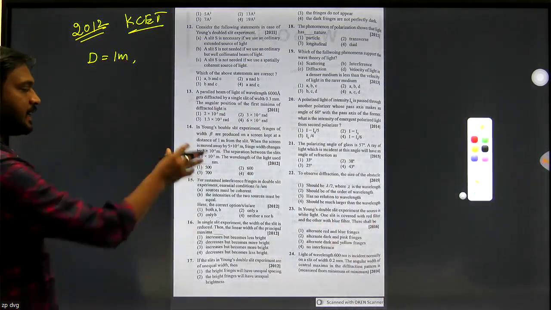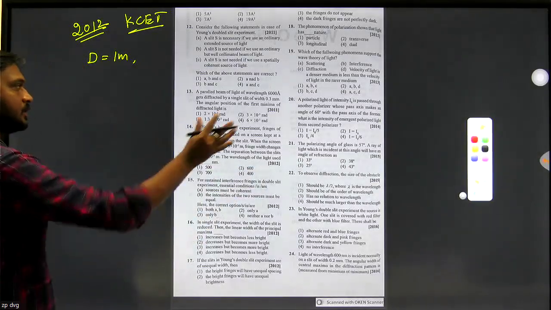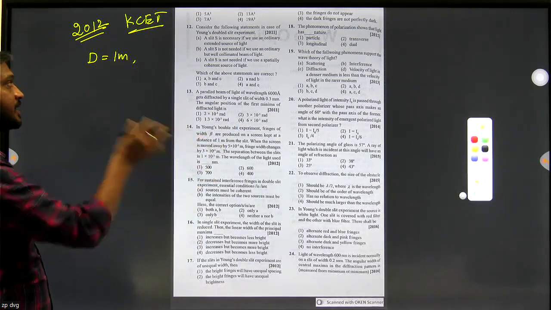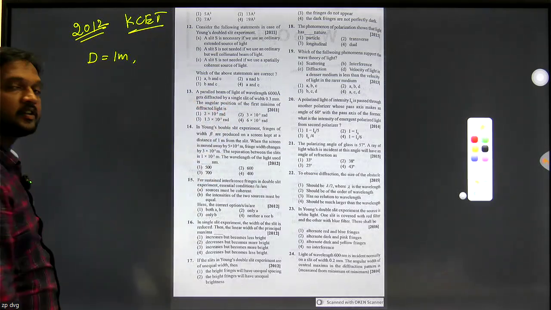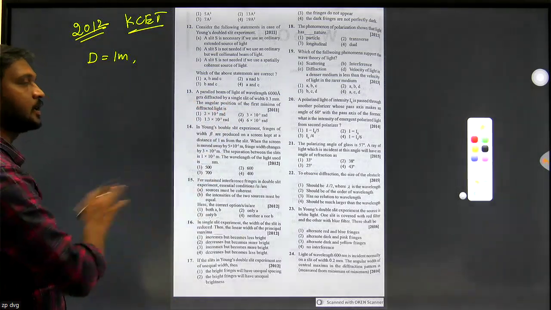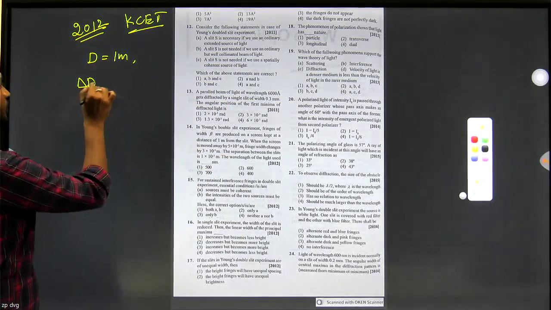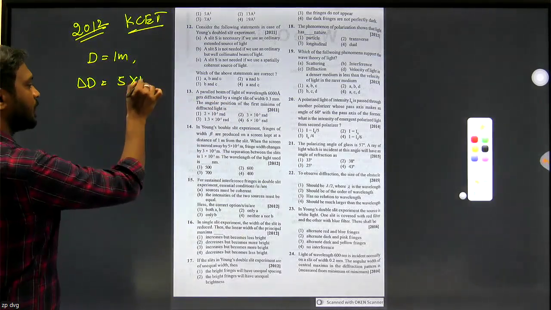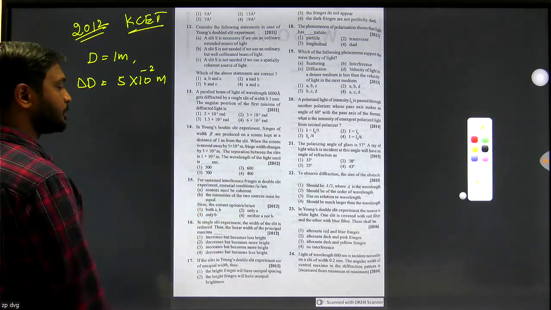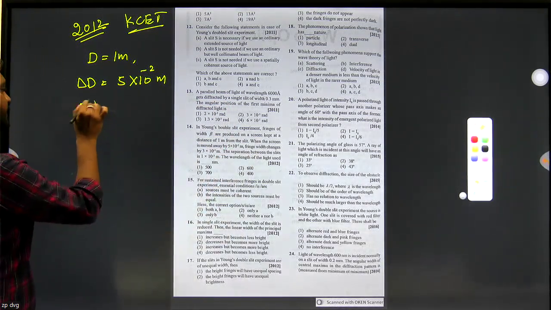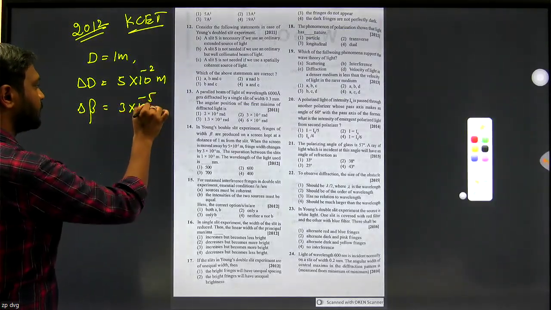When the screen is moved away by 5 into 10 to the power of minus 2 meter, that is delta D equals 5 into 10 to the power of minus 2 meter, the fringe width changes by delta beta equals 3 into 10 to the power of minus 5 meter.